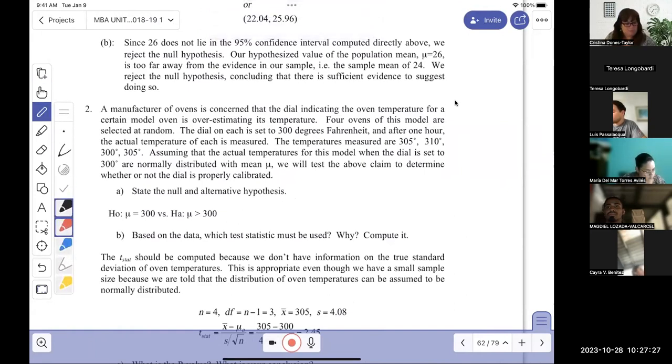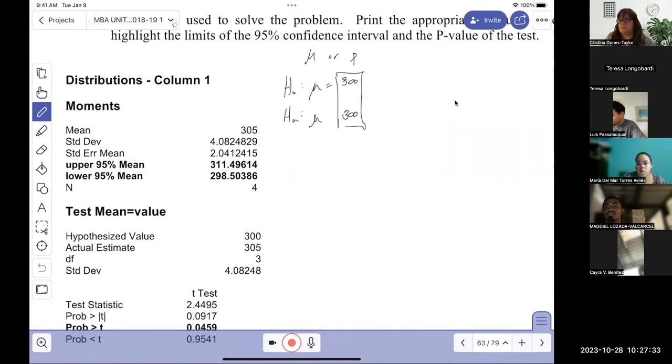Overestimating, you see the word? So we're going to test to see if it's overestimating. So what should the sign be here? Greater than, yes.